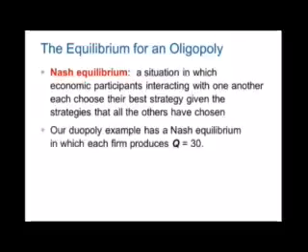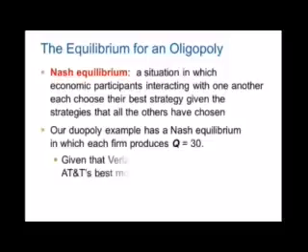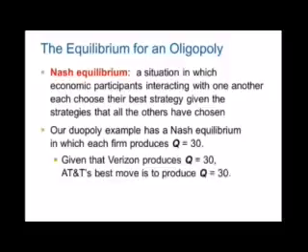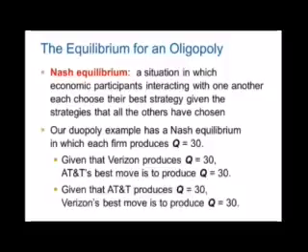In our duopoly example, let's say there is a Nash equilibrium in which each firm produces 30 units. They decide that as an industry they're going to have monopoly profits, so each should produce 30 units. Given that Verizon produces 30 units, AT&T's best move is to produce 30 units. Given that AT&T produces 30 units, Verizon's best move is to produce 30 units.